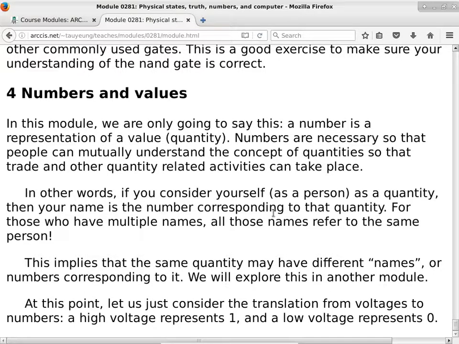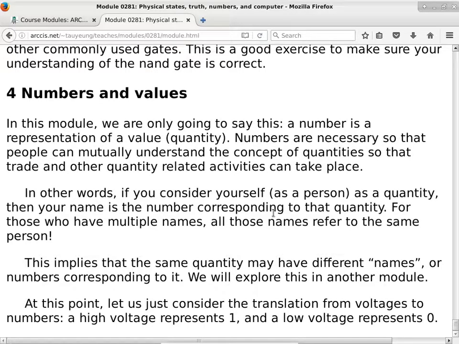What about Chinese, Mandarin? Okay, I don't speak Mandarin, but I can say in Cantonese it is say. Okay. Vietnamese, any? Yep. Okay. So in different languages, this quantity has different names. Those are numbers. It is a representation of the quantity.